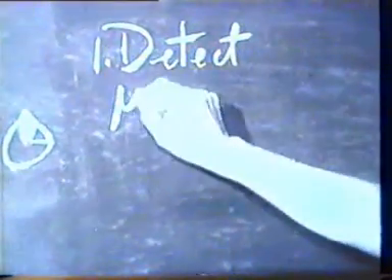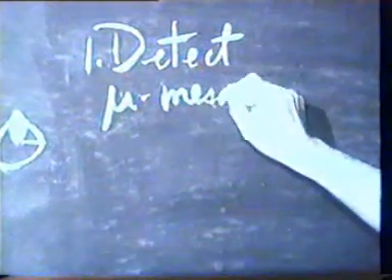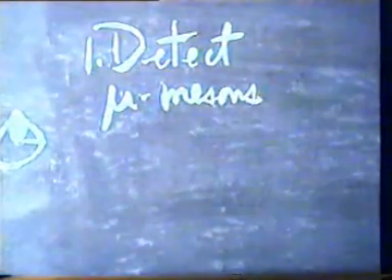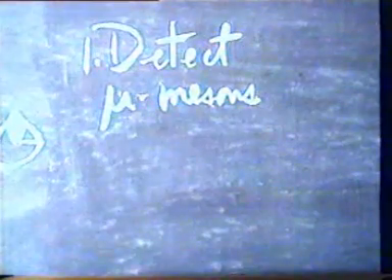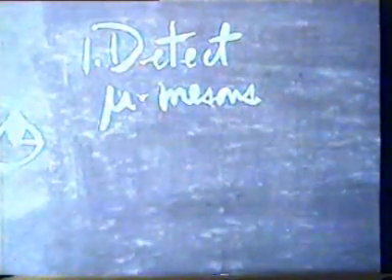These clocks we're going to show you. These are mu-mesons, charged radioactive particles in the cosmic rays. First we have to detect them. So, detect mu-mesons. Then we'll stop some of these mu-mesons to measure the distribution of their radioactive decay times.